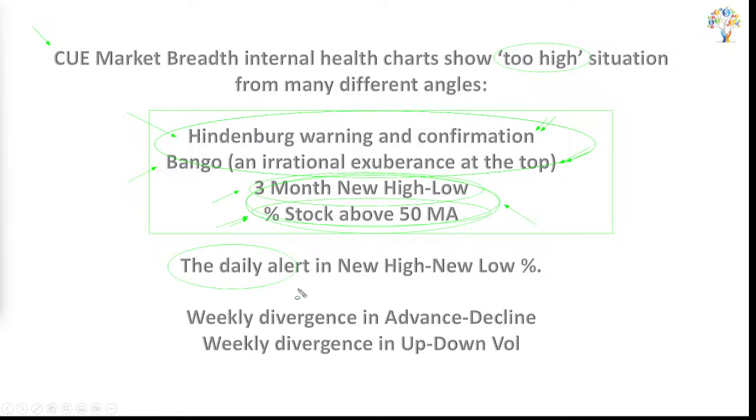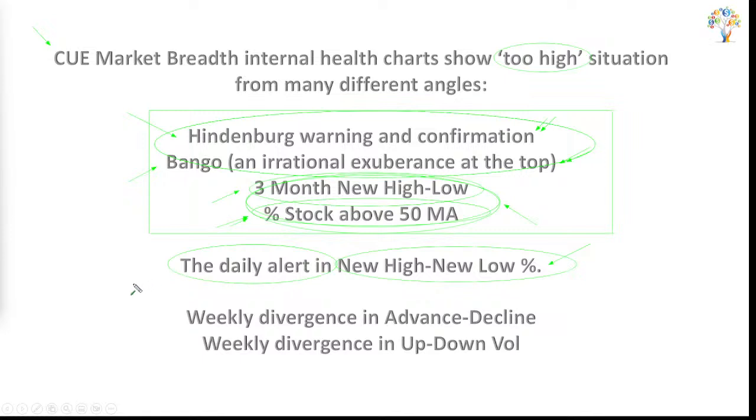On the daily market breadth total view chart, the new high, new low percentage also flashes an alert when it becomes too high. It crosses a threshold. We don't have any number to read from the charts, only lines that are already drawn, and if it goes above that line, we know it is too high.